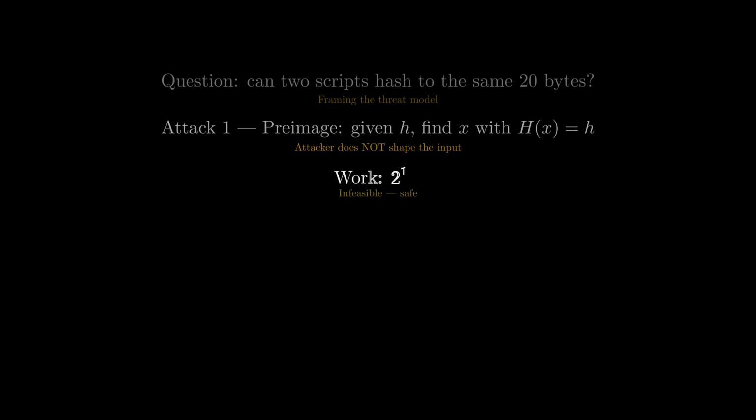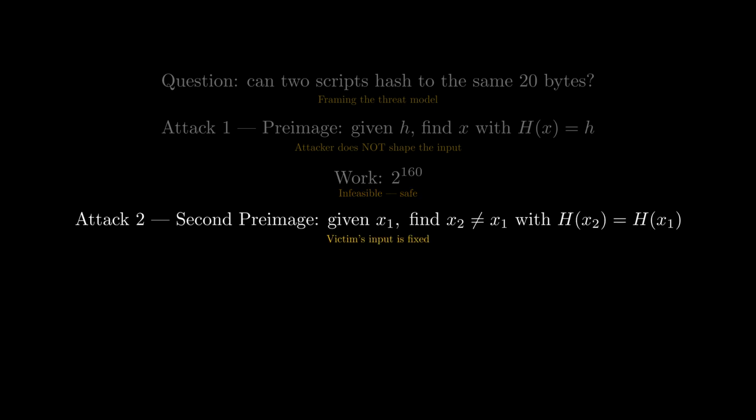For a 160-bit hash, that takes about 2^160 operations. Safe. Second pre-image resistance. The input is already fixed by the victim and the attacker hunts for a different input that produces the same hash. Also 2^160.